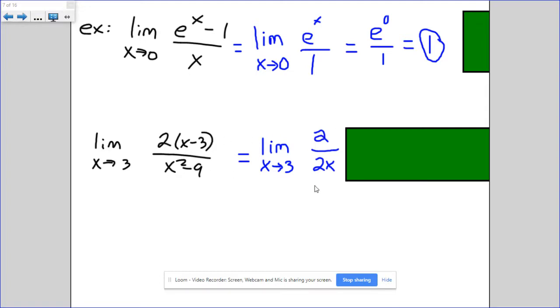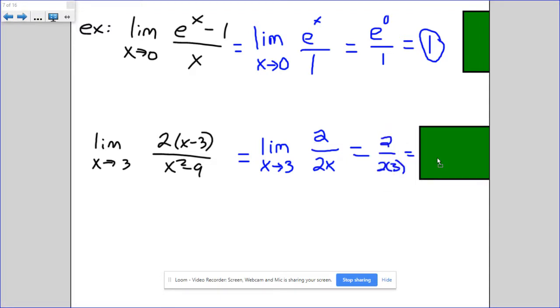The derivative of x squared is 2x. So we've taken the derivative. Now we can just plug in the 3. 2 over 2 times 3 is 2 over 6, which reduces to 1/3. Feel free to pause this at any time if you need to take time to write this stuff down.